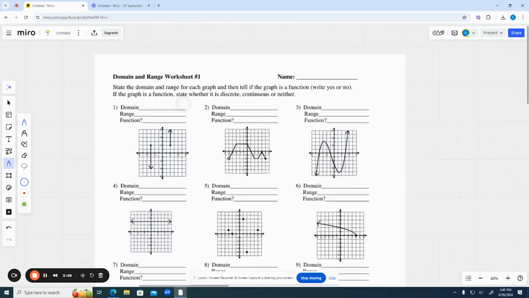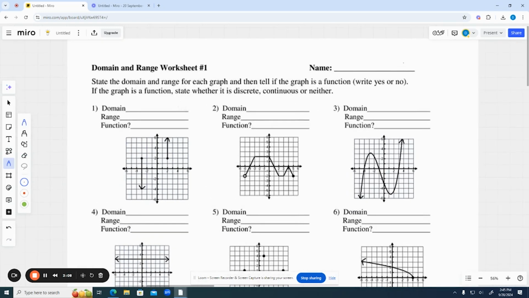If you have something like this, you can see right here, it's not really on an interval. Your domain, all your x values, starts right here, but it doesn't really go to the right at all. It's just right here. It's a straight line up and down vertically. And the same thing with this right here. So in this case, your domain wouldn't be on an interval. It would just be at those points.